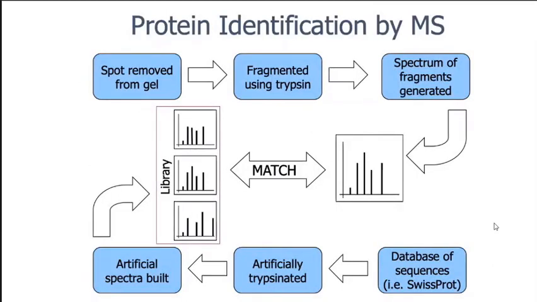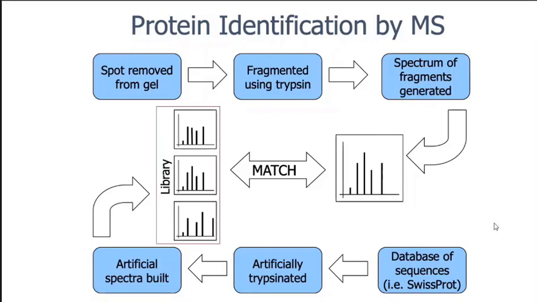Here, protein identification by mass spectrometry. We can take the protein complex from gel electrophoresis. We have one band. We can take this spot, remove it, take the protein, and fragment it with trypsin or any protease. Then this polypeptide mixture will go to spectrum generation by the spectrophotometer, and then we can match this spectrum with a library.